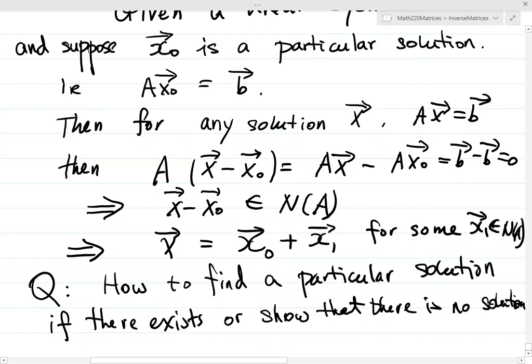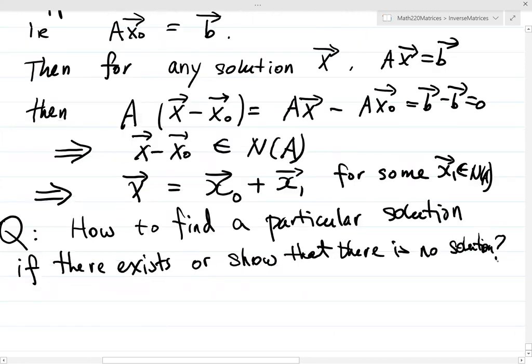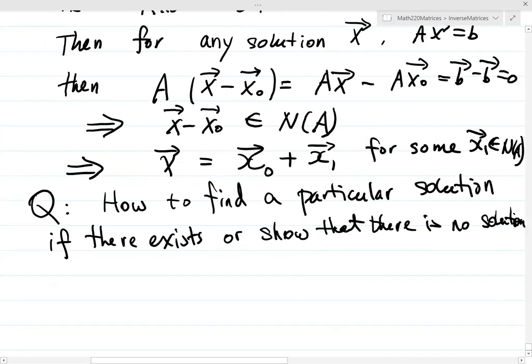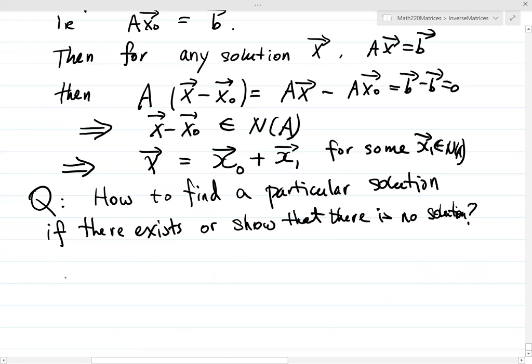The technique to solve this kind of problem is to apply elimination, use row operations. Use the elimination idea, the three types of row operations.